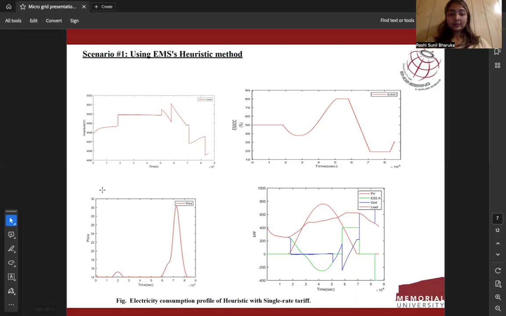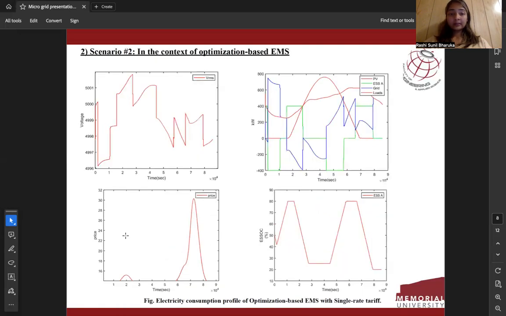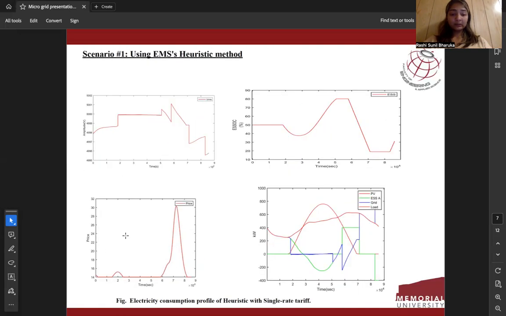We have considered a few parameters like voltage, which is VRMS, and SOC, which is the rate and time at which we are supplying the energy out to the utilities. And the price turned out equal in the heuristic method as well as the optimization-based method.